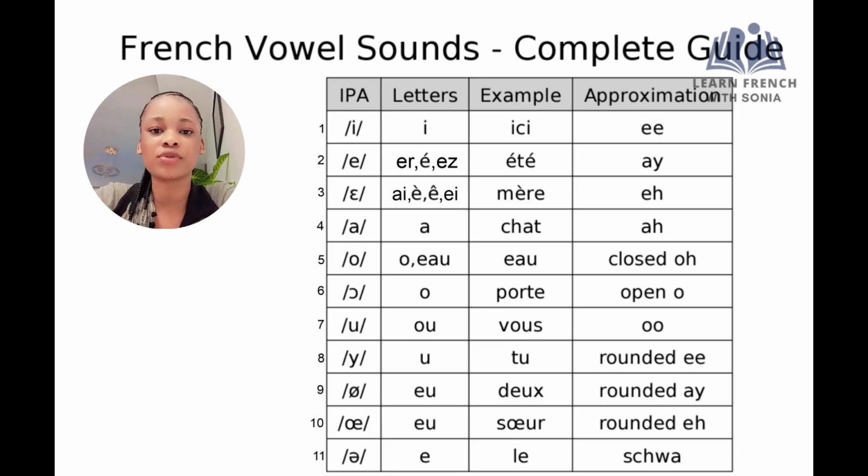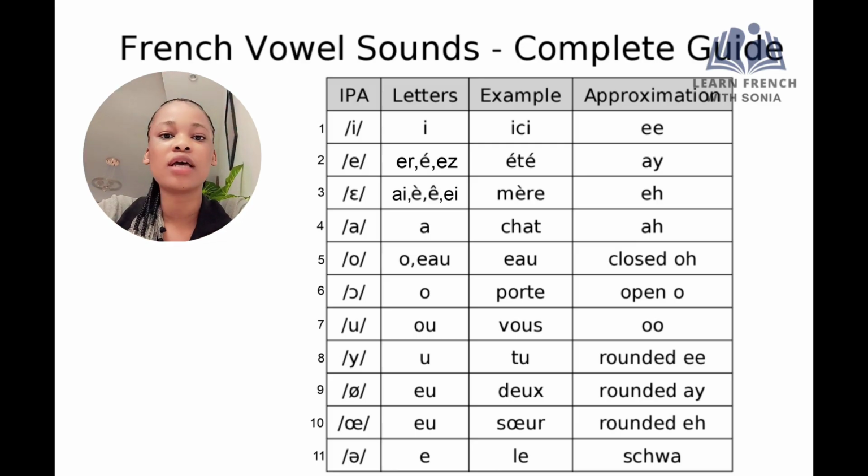I'll respond. Number two says A. They're all the same. Then the example says ete. Then the approximation A. Anywhere you see ER in a word, know that it is pronounced A. This E at the middle is accent aigu.